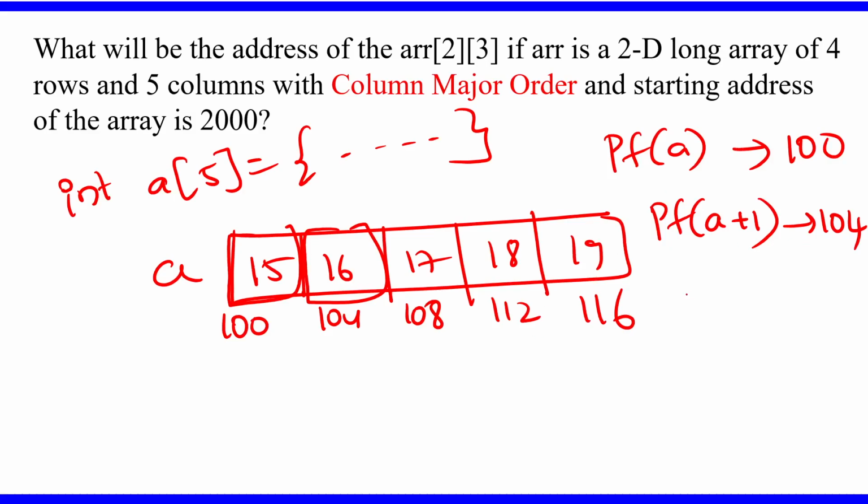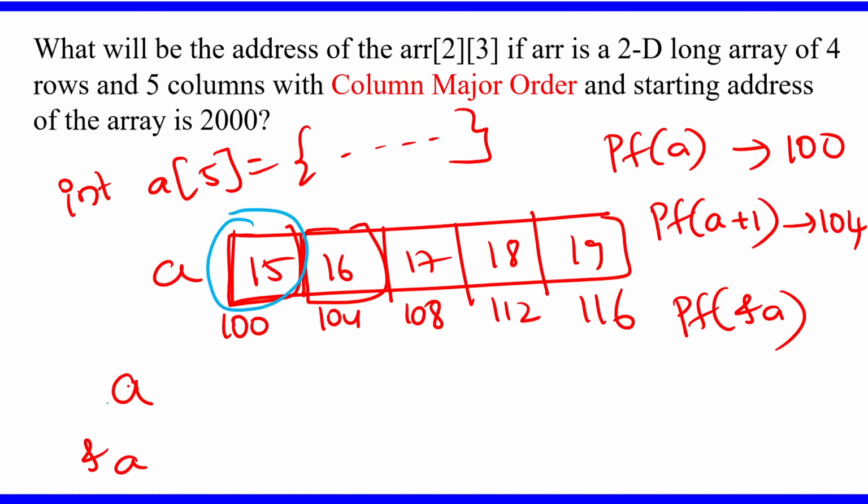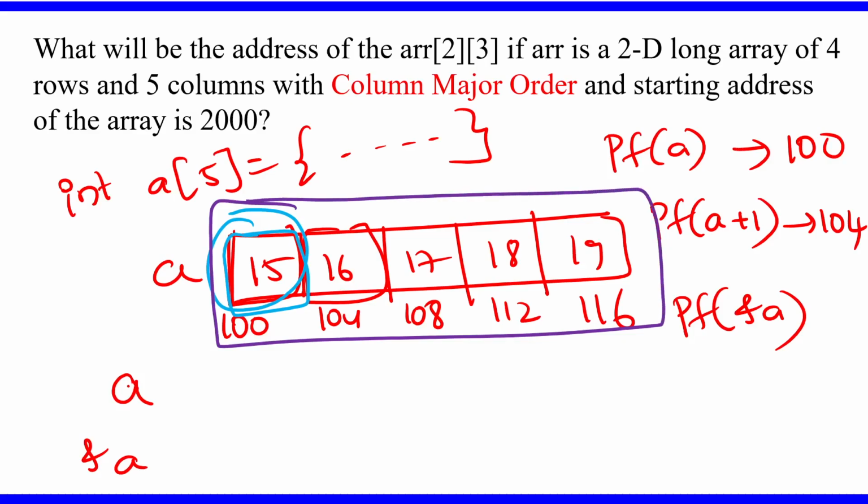Now if I write printf of ampersand a, understand the difference, a and ampersand a. When you say only a, a is pointing only to the address of this first small box. Ampersand a is pointing to the address of this entire block, the starting address of this entire block.